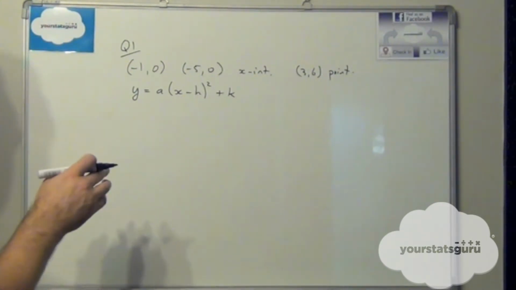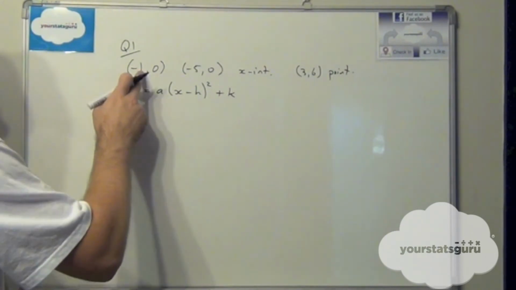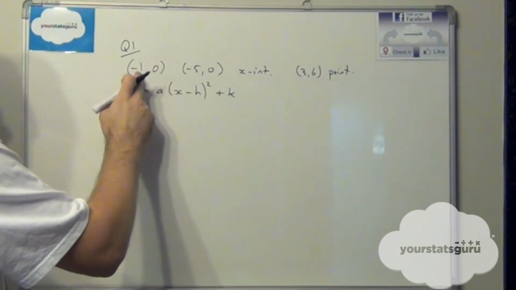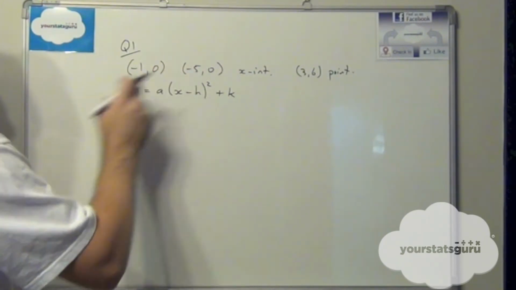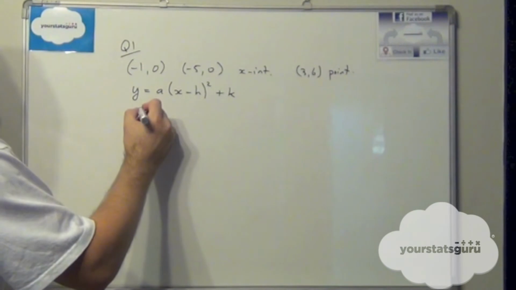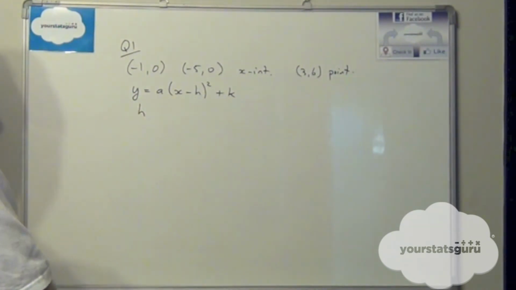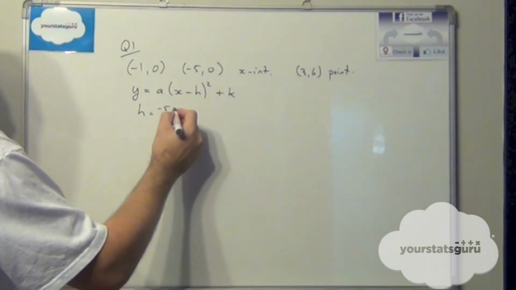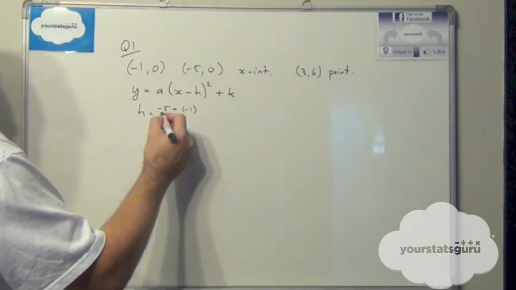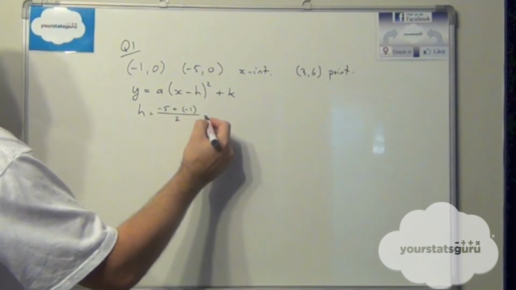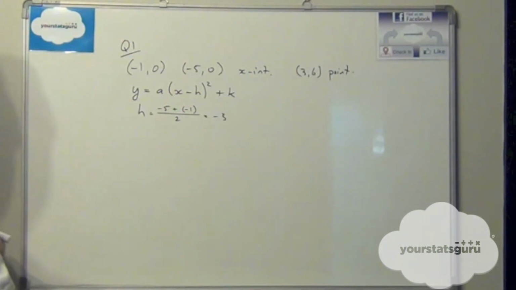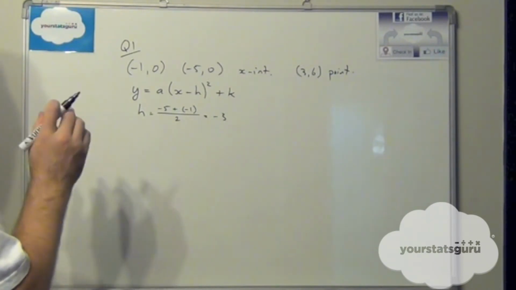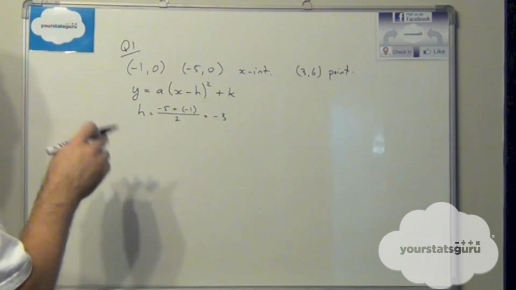Because a quadratic is symmetrical, the turning point's x-coordinate must occur halfway between the two x-intercepts. So the value of h is (-5 + -1)/2, or -3. Now that I have the value of h, I can use that to find the values of a and k.